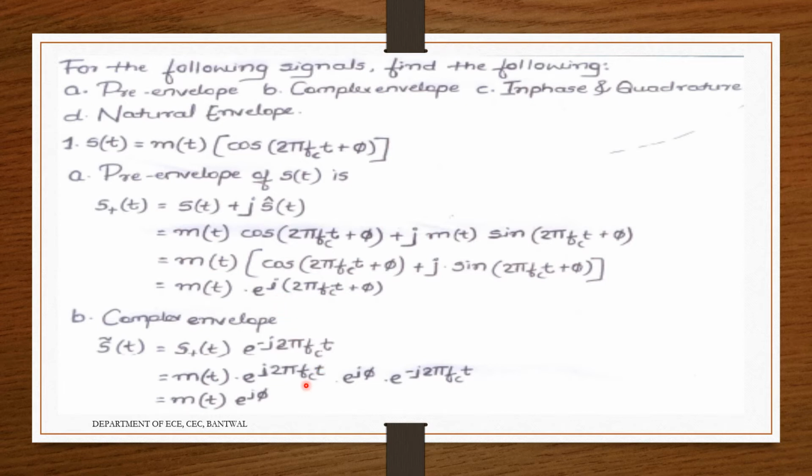So I substitute the pre-envelope here and multiply with e raised to minus j 2 pi fct. So this and this will get cancelled. e raised to j 2 pi fct into e raised to minus j 2 pi fct gets cancelled. What remains is m of t and e raised to j pi.